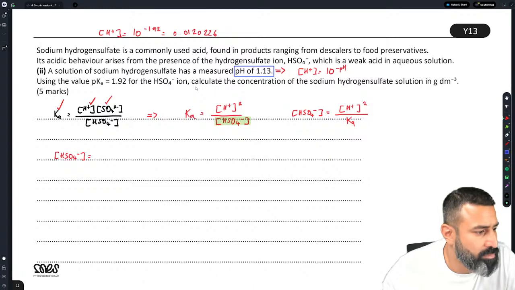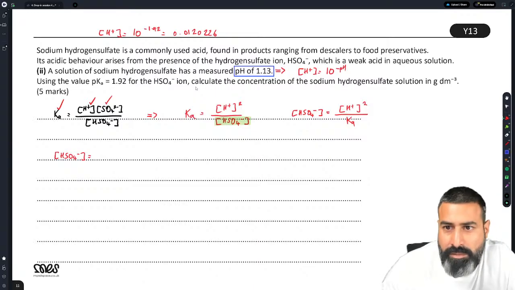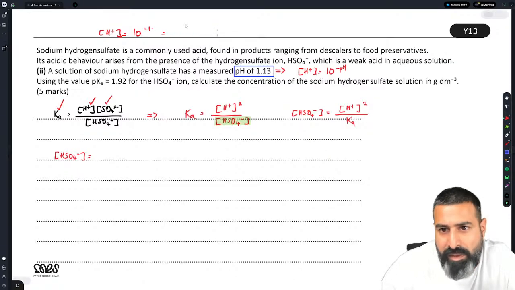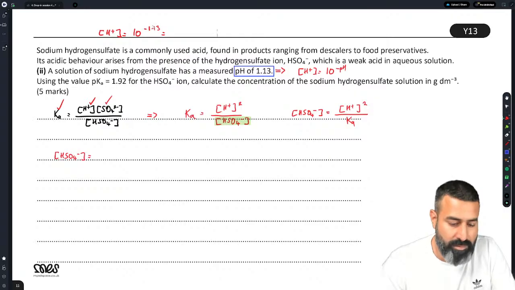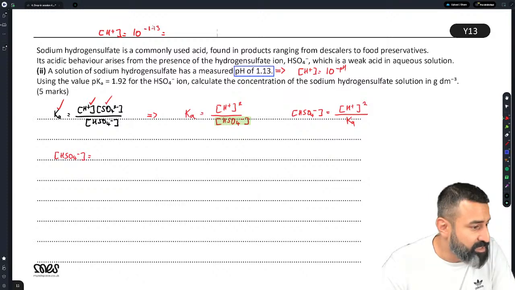No? Oh, why did I put 1.92? That's pKa. Silly, silly. So it should be minus 1.13. 10 to the power of minus 1.13. That looks sensible. 0.074?